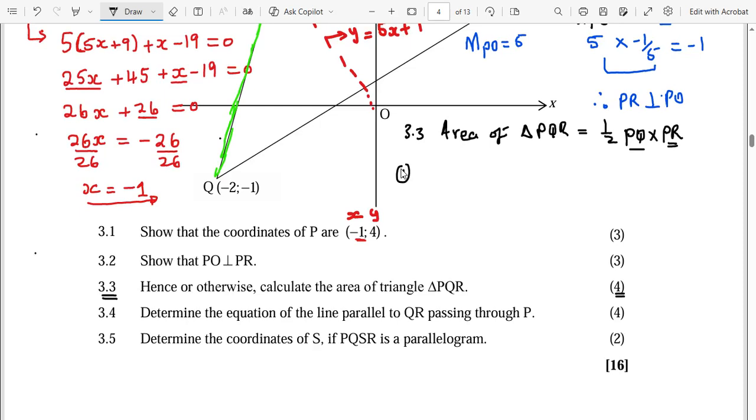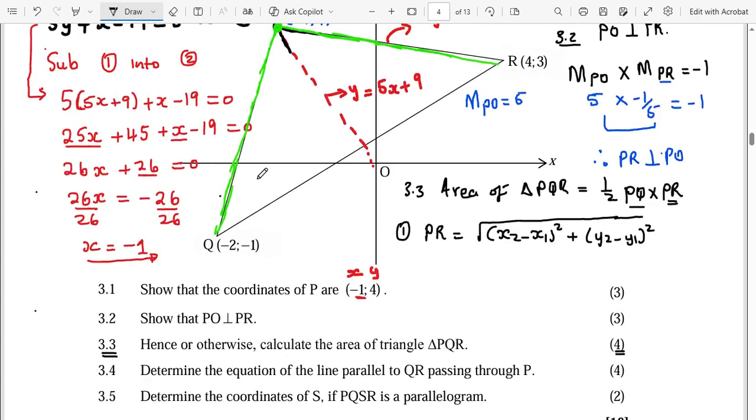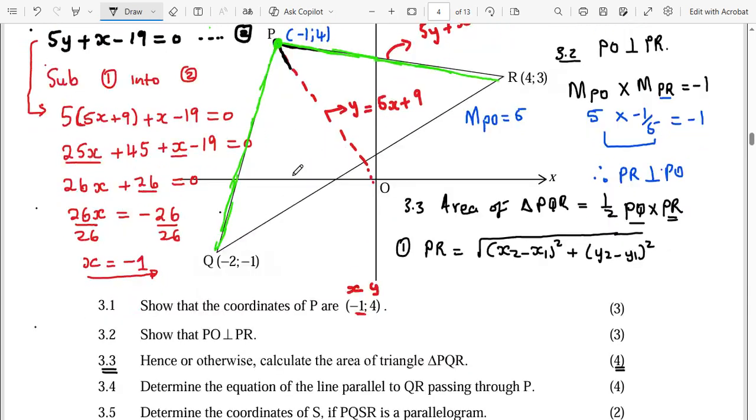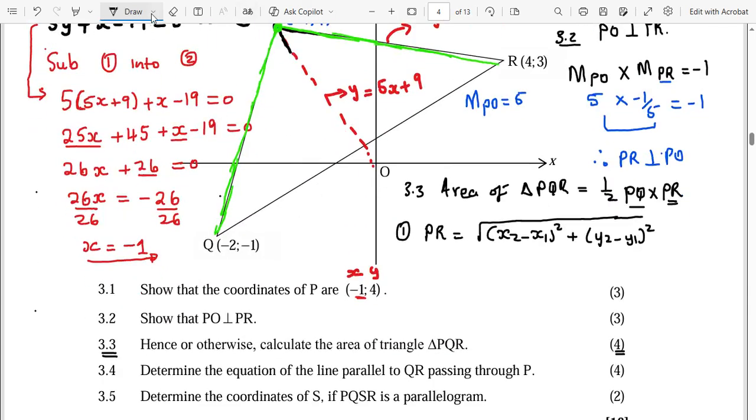Let's start with the first one. I'm going to look for PR using the distance formula. Remember, the distance formula is the square root of x2 minus x1 everything squared plus y2 minus y1 everything squared. So we're going to use these two points, P and R. I'm going to write my points down so that we can identify which one is your x2 and which one is your x1.